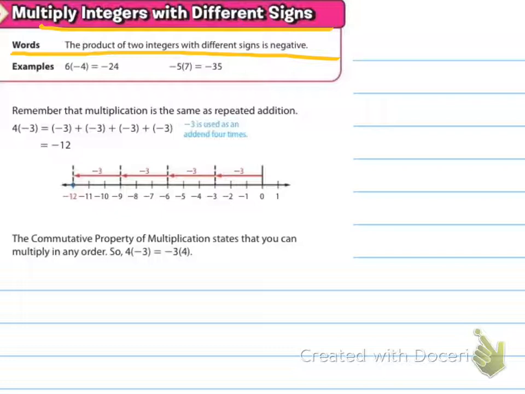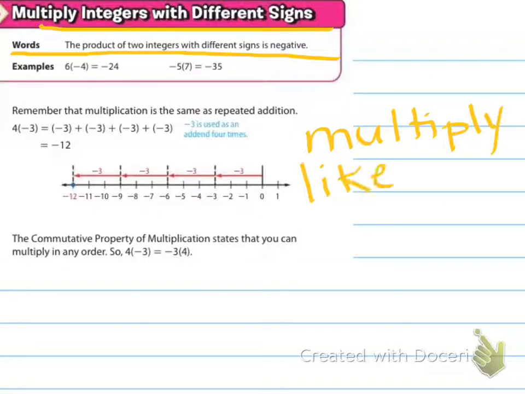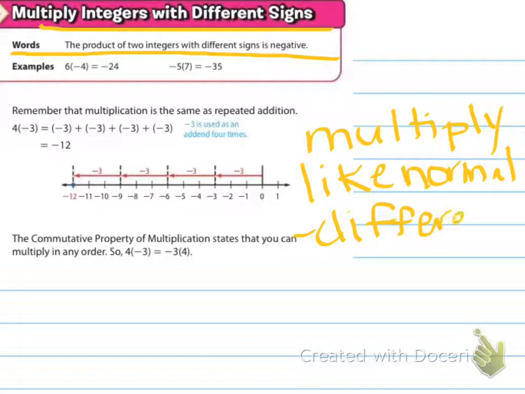So let's write: multiply like normal. Different signs equals negative answer.